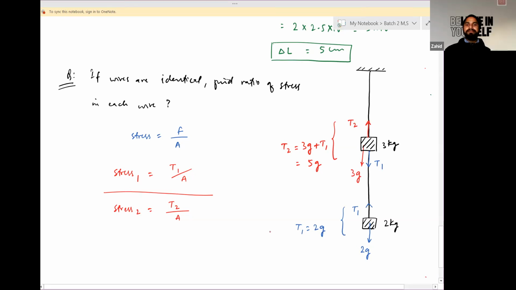Good, Sabita. Good, Mariam. Asma, just check your calculation. Good, Samaira. We have T2 equals 5 times gravity.